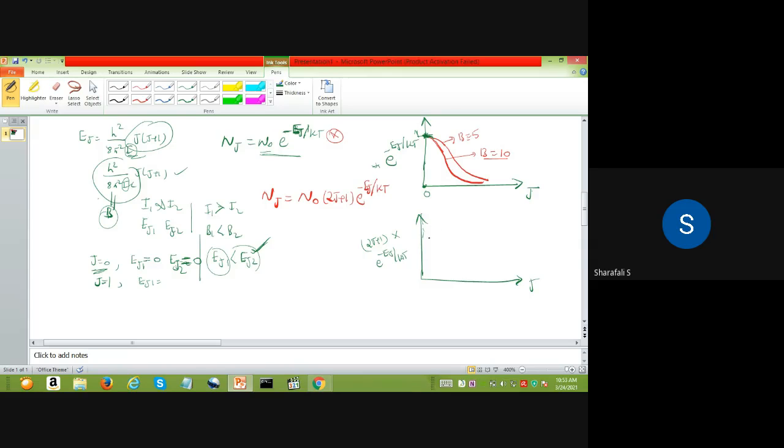Okay, so that's it. Now, if you plot that particular curve, what we have drawn here at different values, we'll get a graph like this. The second one will go higher.